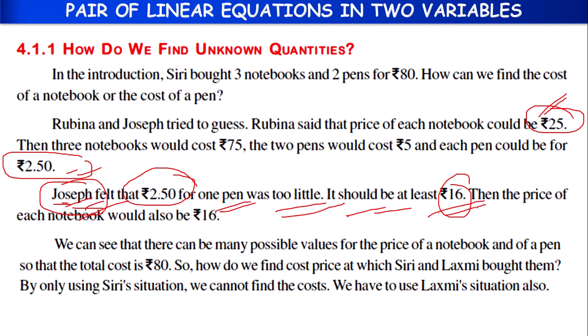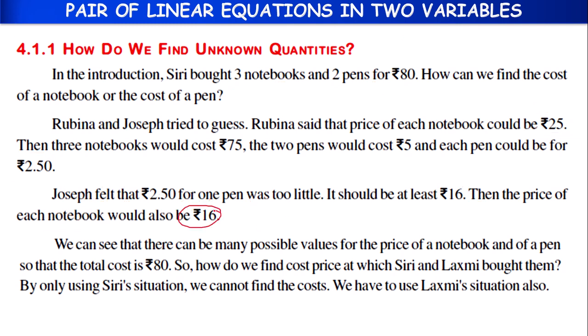So he told the cost of pen is 16. 2 pens, 2 into 16, 32. Out of 80 rupees, if 32 rupees goes, what is remaining? 48. In 48 rupees, 3 notebooks, means each notebook also will be 16 rupees. So like that, they are guessing.